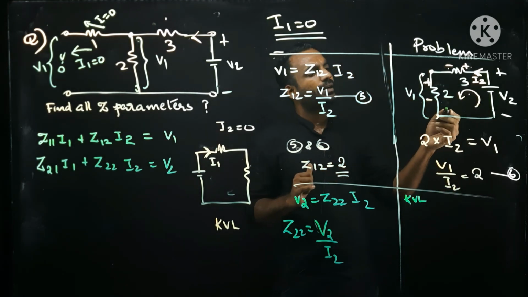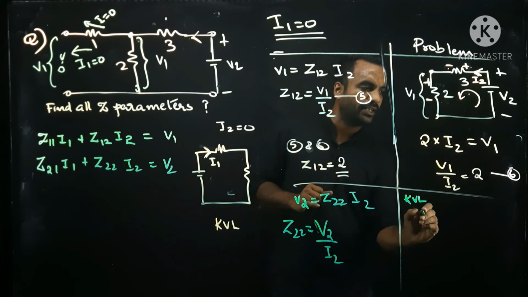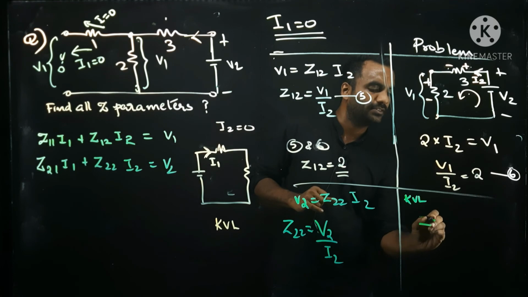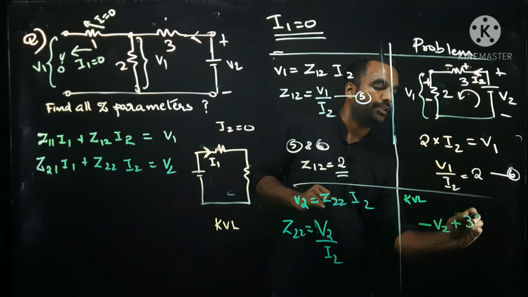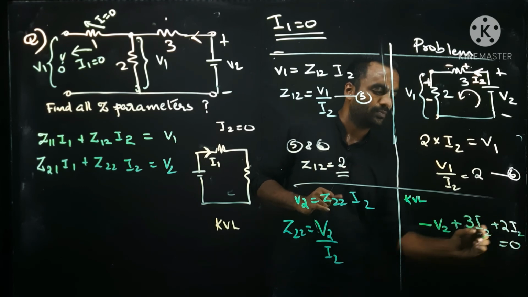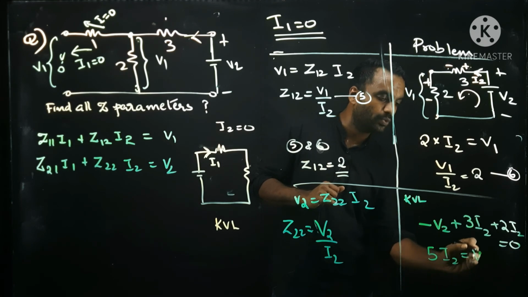So if I am tracing the KVL in the direction of I2, then I2 direction is anti-clockwise. Minus V2 plus 3I2 plus 2I2, that is equal to 0. That is 5I2 is equal to V2.